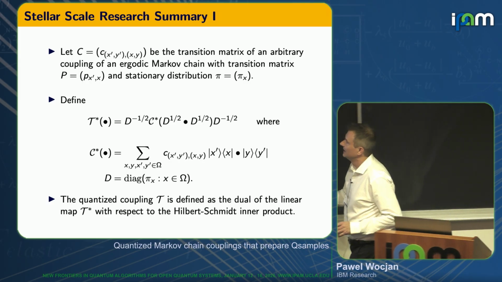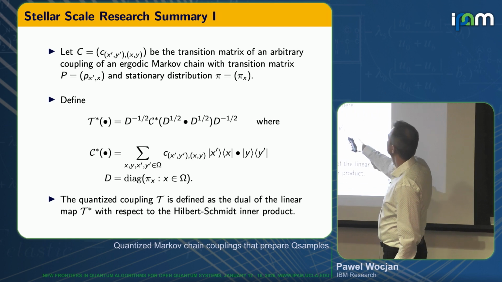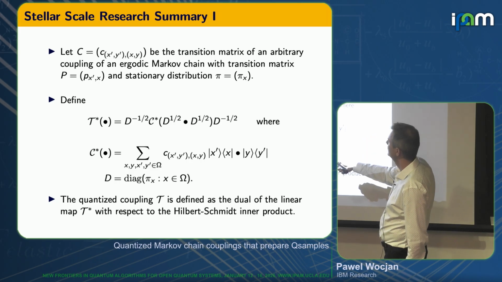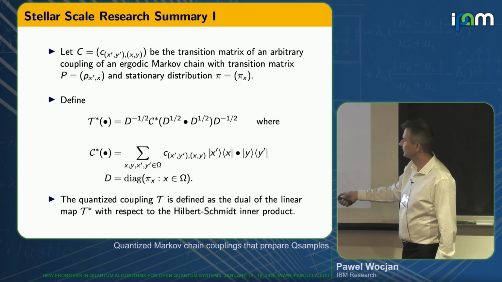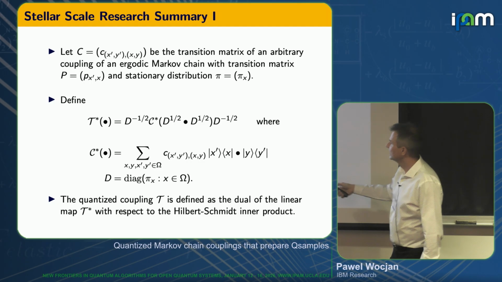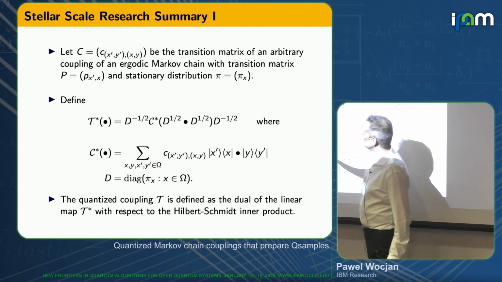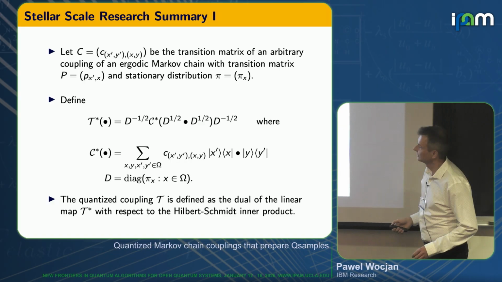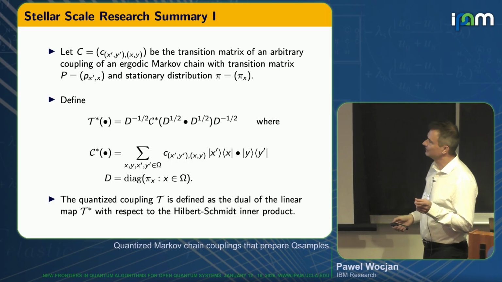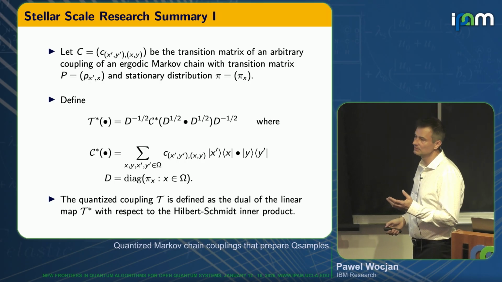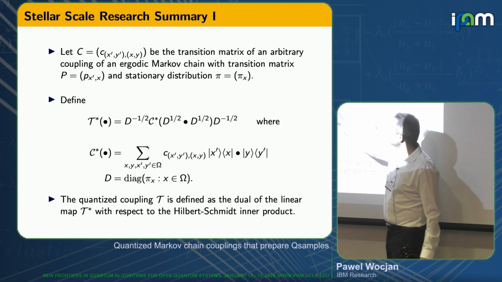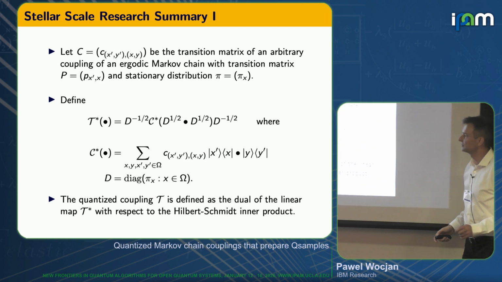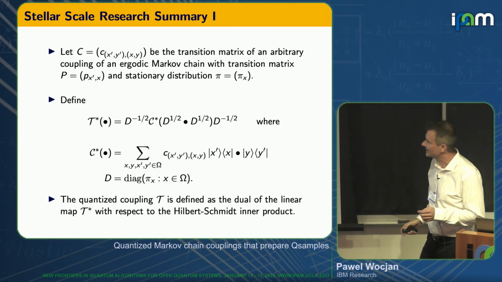Okay, so let C be the transition matrix of an arbitrary coupling of an ergodic Markov chain with transition matrix P and stationary distribution pi. And this is our definition of a quantum channel. I use star here to denote the dual of the quantum channel. Hopefully, later, you're going to see why it's more natural to define the quantum map in the dual picture. Stuff like this, you've probably seen many times.